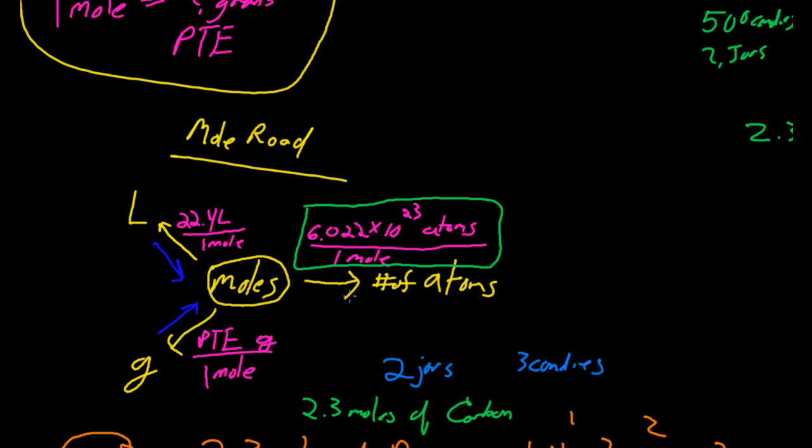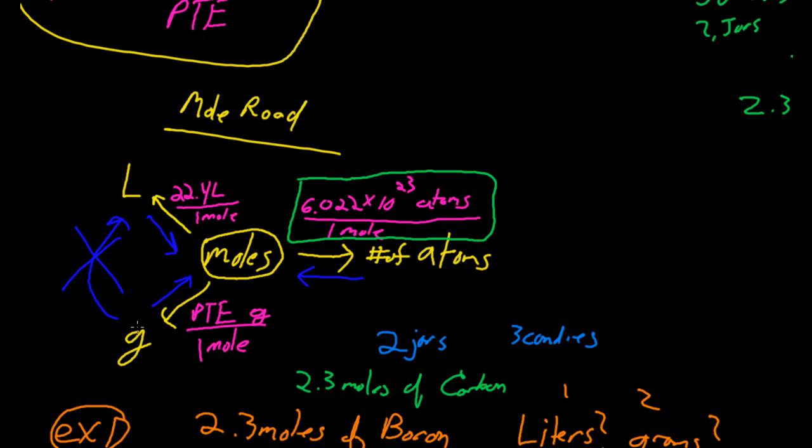You don't have to go from moles to grams only. You can go from the number of atoms to moles. And what I'm trying to say is, we can go from grams to moles and moles to liters, but there's nothing that will let us go straight from grams to liters.